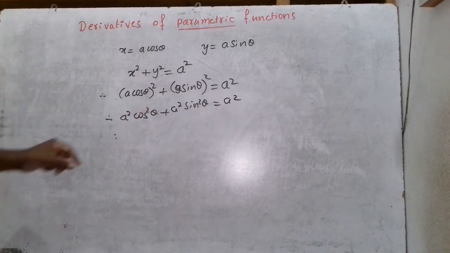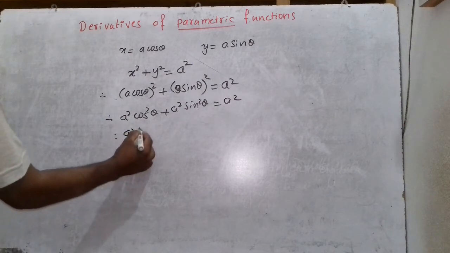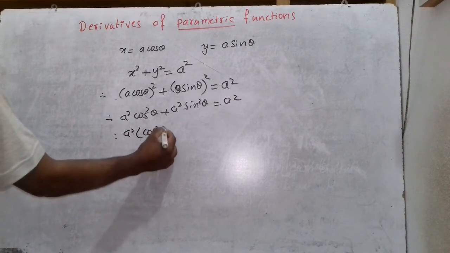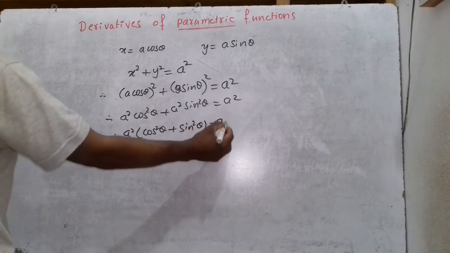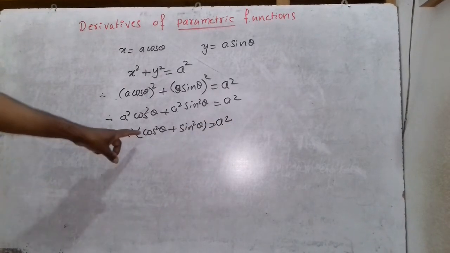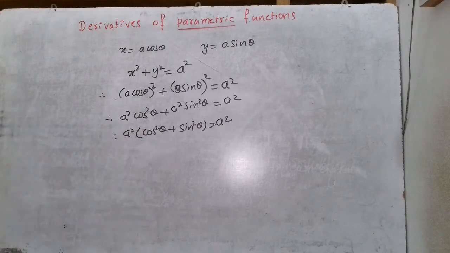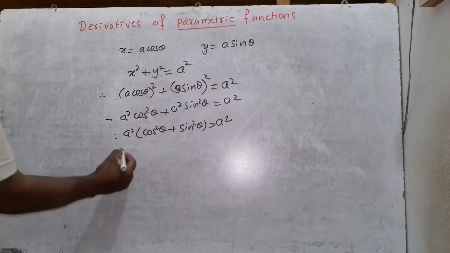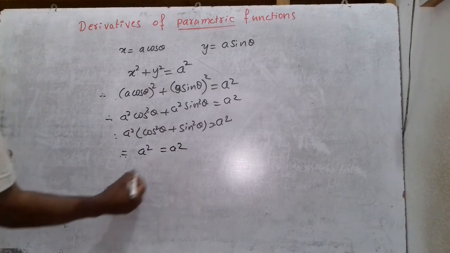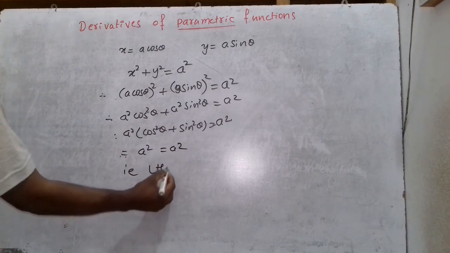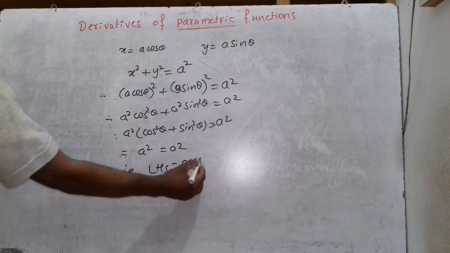Take a square common: a square into (cos square theta plus sin square theta) equals a square. We know that sin square plus cos square equals 1. Therefore a square equals a square, that is LHS equals RHS.